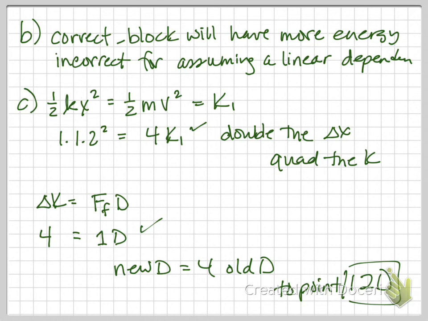So that was a little bit unconventional there, but we get 1 point for saying that the new kinetic energy is 4 times the old kinetic energy. 1 point for realizing that the friction remains the same, and 1 point for equating the initial energy to an expression that shows the energy dissipated by friction is proportional to the distance that the block slides down the rough track. So I would say 1 point for realizing the new kinetic energy there, 1 point for realizing that the friction remains the same, and then 1 point for realizing this functional dependence on kinetic energy.